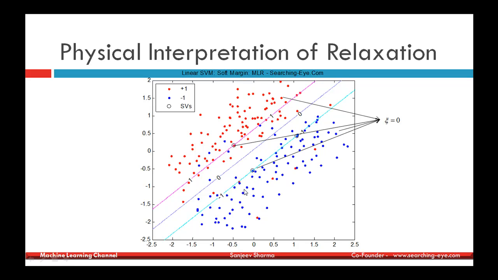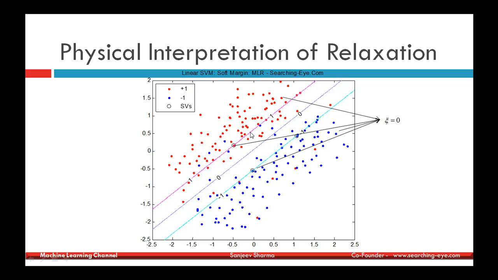Ideally all the blue points should give y(x) less than or equal to -1, and all the red points should ideally give y(x) greater than or equal to 1, with no point lying inside the margin. But since we are relaxing the constraint, we are allowing points to lie inside this margin.